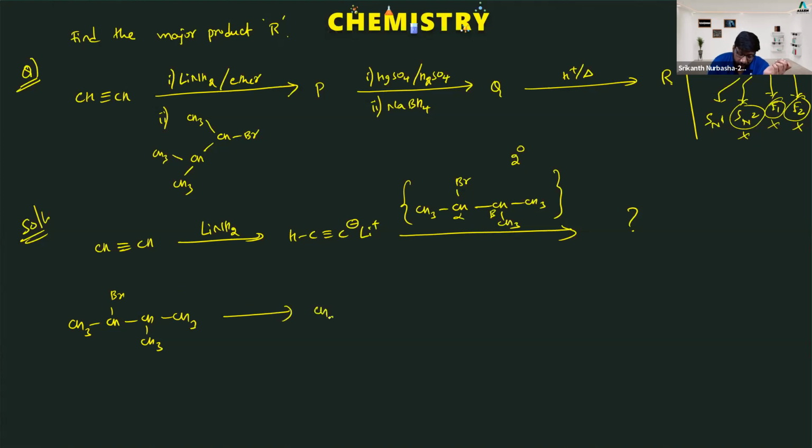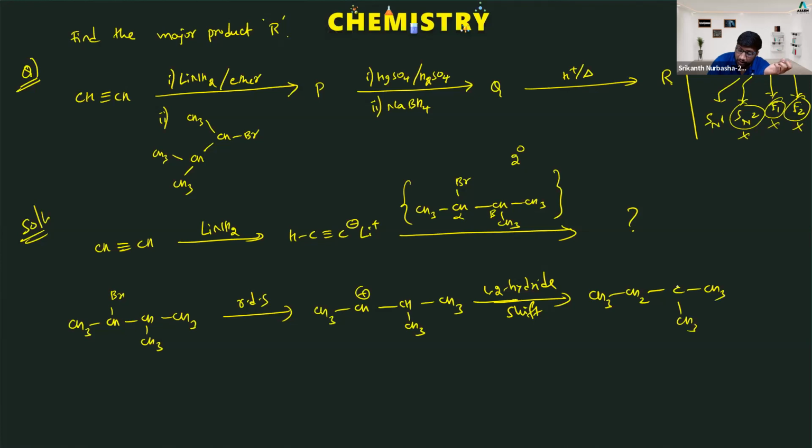Form a carbocation, CH3 CH plus CH3. Slow ionization to form a carbocation is the SN1 rate determining step. And now rearrangement is possible. So a 1,2 hydride shift. If you do the 1,2 hydride shift, you will generate a tertiary carbocation with a positive charge.